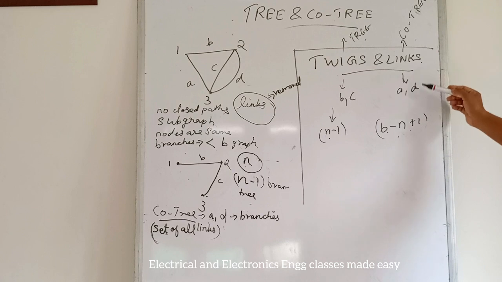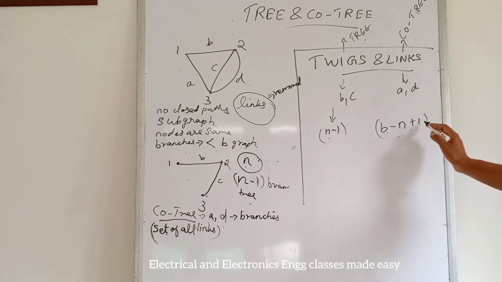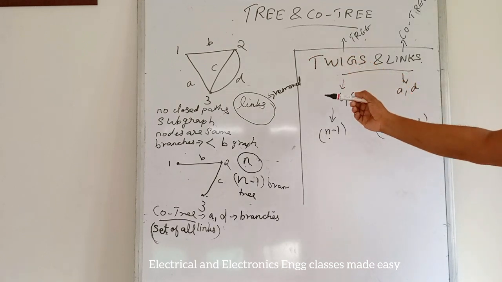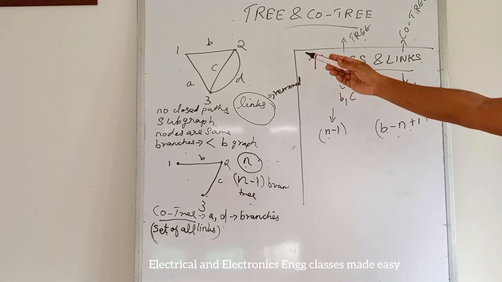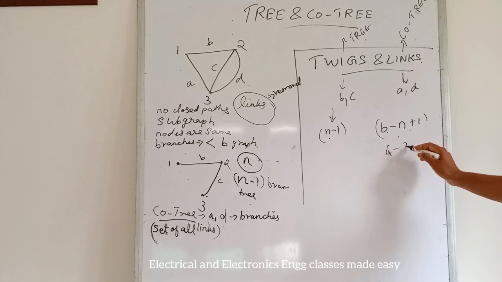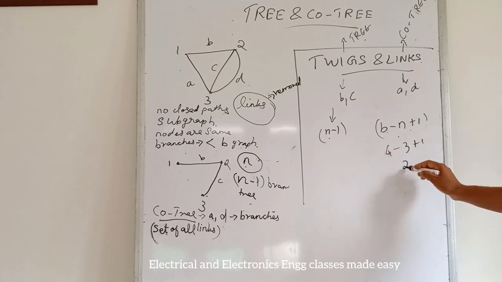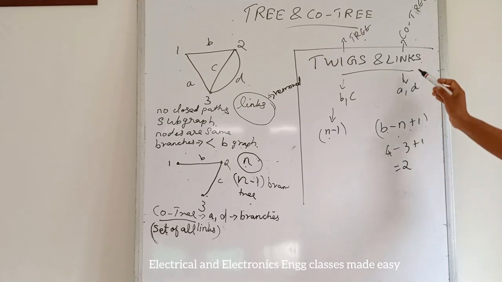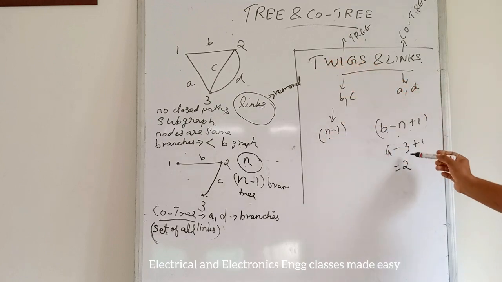And here the number of links is b minus n plus 1. So b is the number of branches, which is 1, 2, 3, 4. So 4 minus n, which is 3, plus 1, that is equal to 2. So the number of links is also 2.